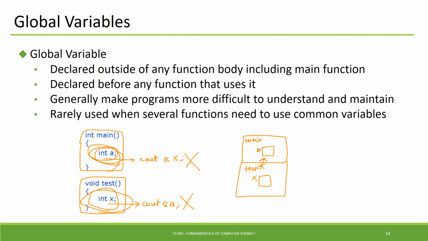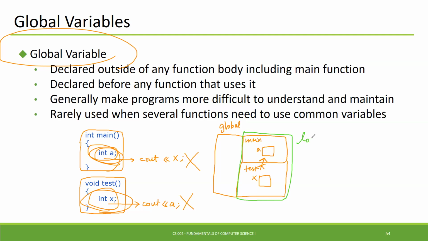So in C++, there is another variable. It is called a global variable. Global variables will be global. So you can think like that. This is the global area. Compared to this one, we can say that this is the local area.